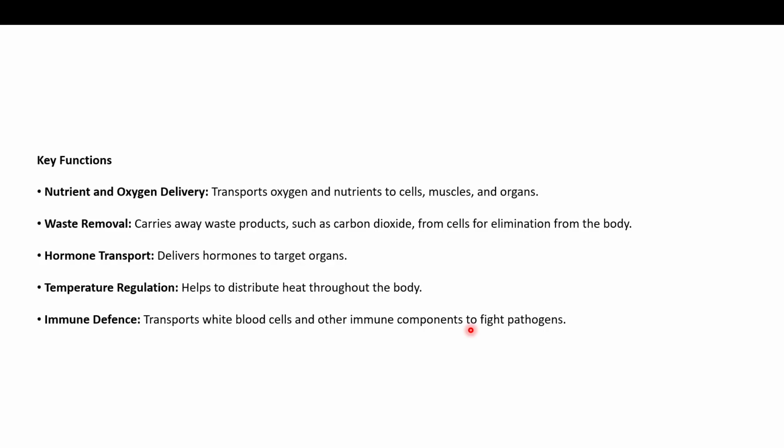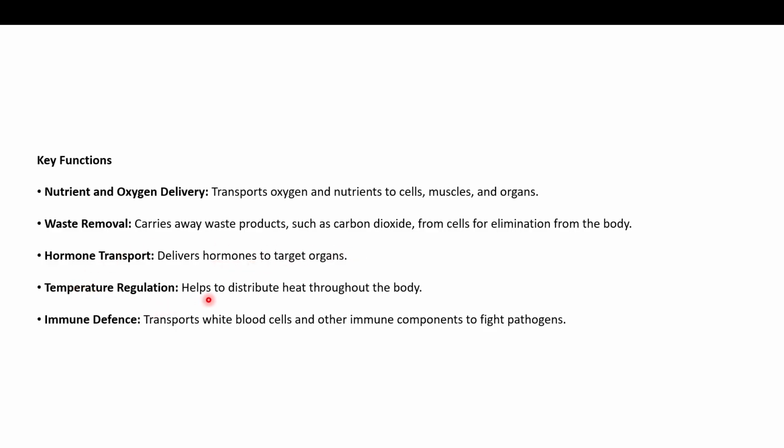So if we talk about just summarizing the key functions of a circulatory system: nutrient and oxygen delivery, it transports oxygen and nutrients to cells, muscles and organs of the body. Waste removal, it helps carry away waste products like carbon dioxide from cells for elimination from the body. It helps in hormonal transport, where it delivers hormones to the target organs.